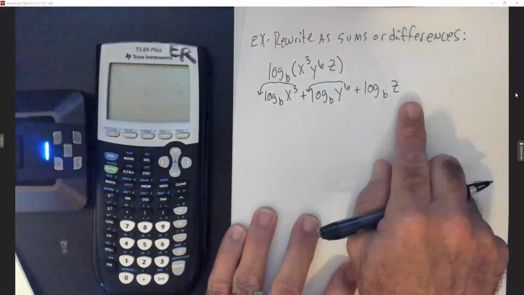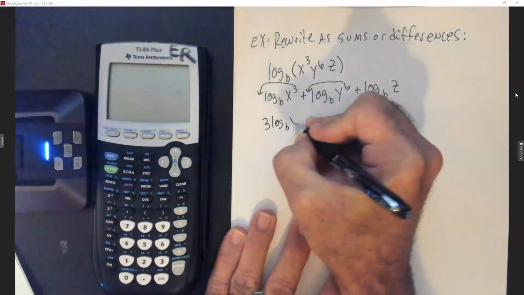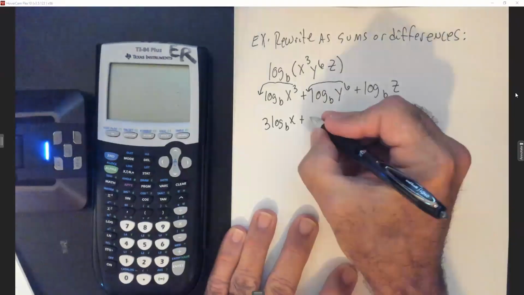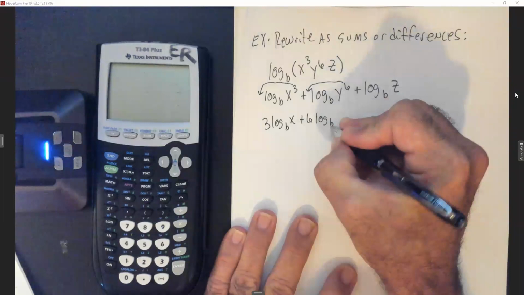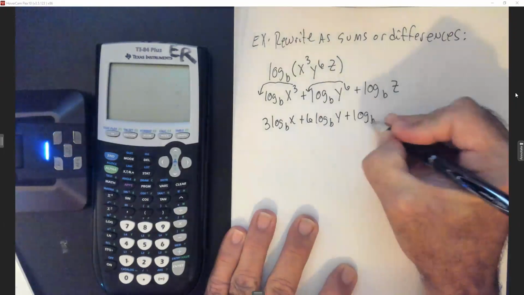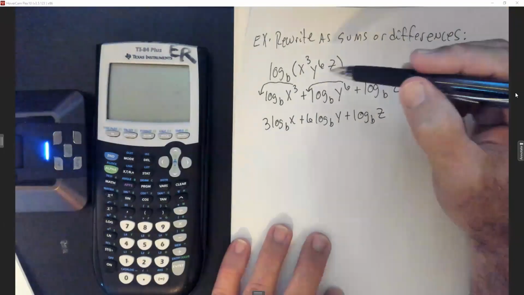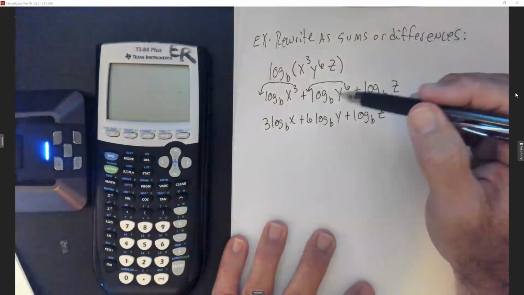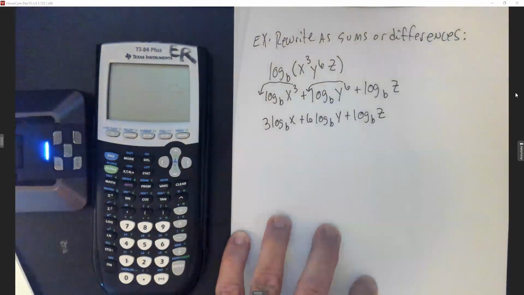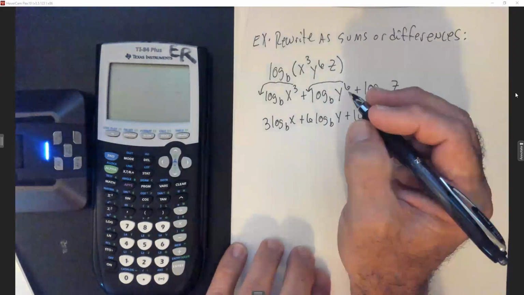So this one would become 3 times log b of x. This one would be 6 times the log b of y. At the end would be my log b of z. So when you rewrite these as sums or differences, if they got exponents, we got to bring those exponents down, okay? And then nothing else we can do to that, so we move on to number 8.